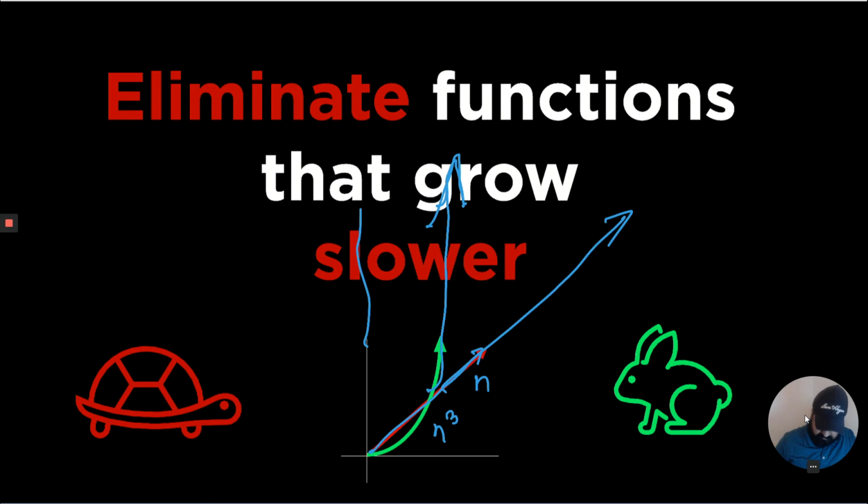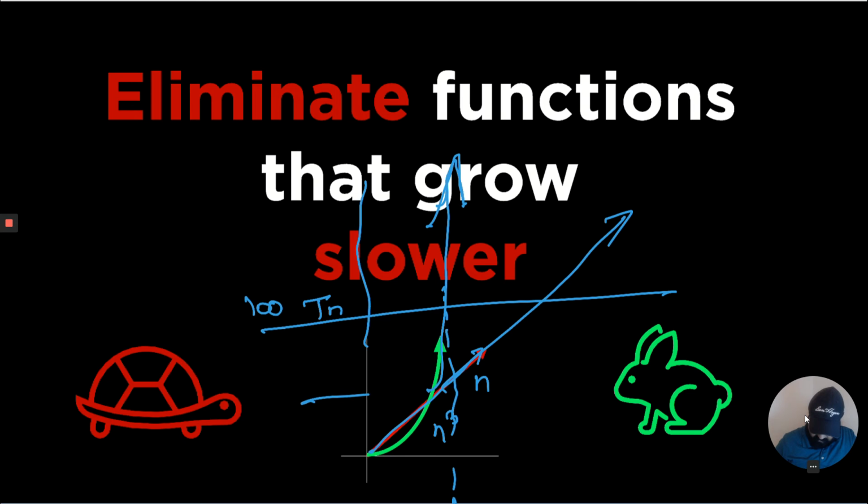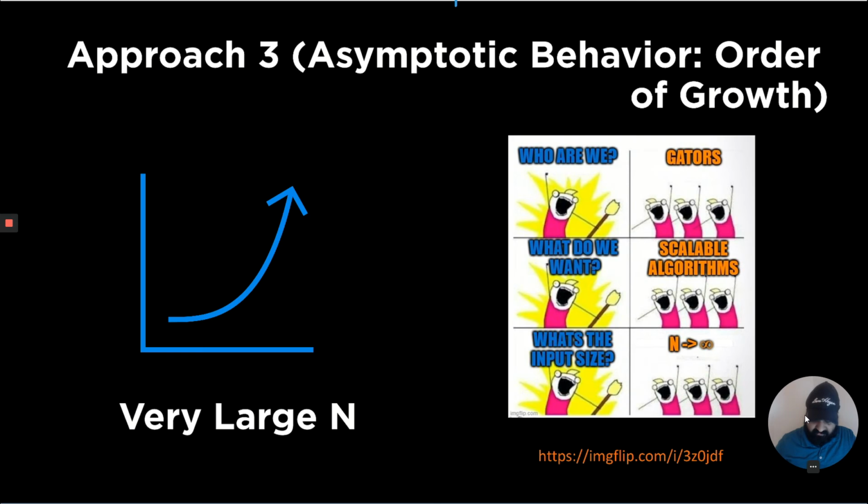If you look at a particular value, T(n) for the n cubed graph might be something like 100, while T(n) for n at the same index might be much less. It could be just 10. So that's why only the bigger growth rate functions actually matter.